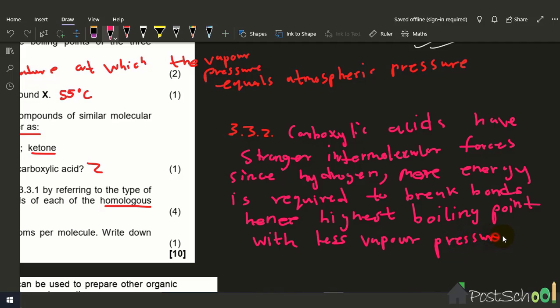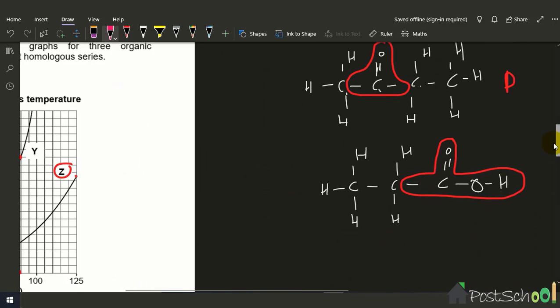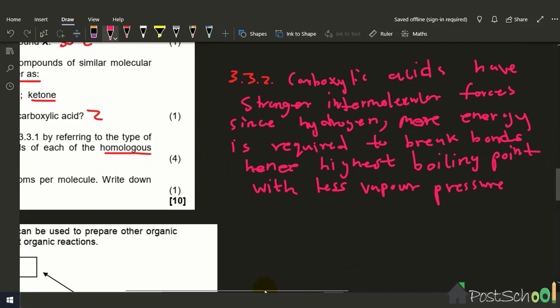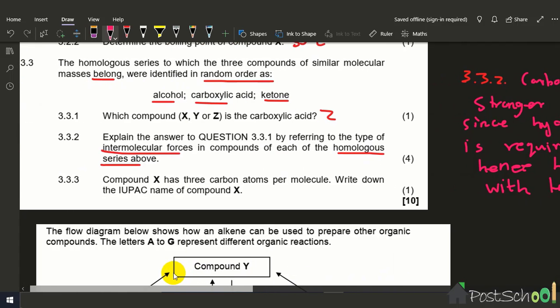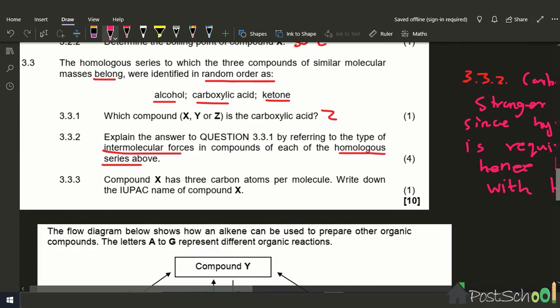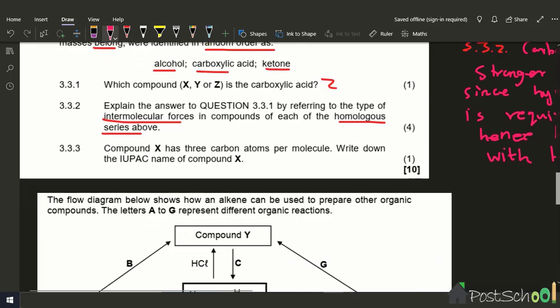That's how we identify. We see it like that, with the highest boiling point and less vapor pressure. So simply that is it.